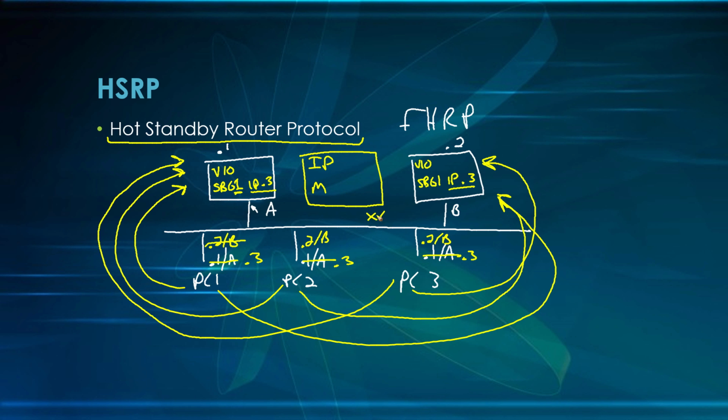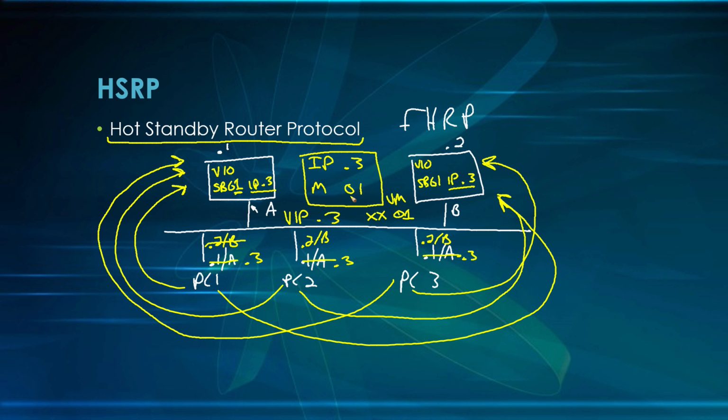So the last 2 digits in the HSRP MAC address are the group number. In this case it would be 01. You're going to have a virtual MAC address and a virtual IP address. The virtual IP address is the .3.